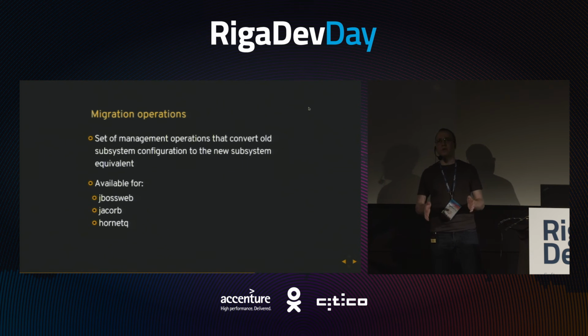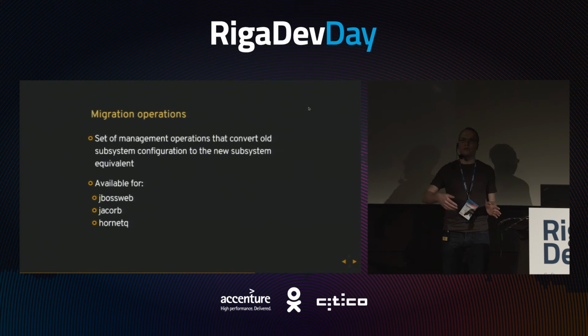But if you want to migrate your own application to the new WildFly, you can use migrate operations. Migrate operations are very well described, so if you need to use them, there are detailed descriptions. But what you do is you go to your old subsystem in management, one of the management tools, and run the migrate operation.